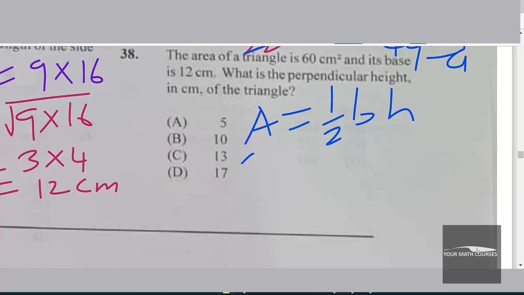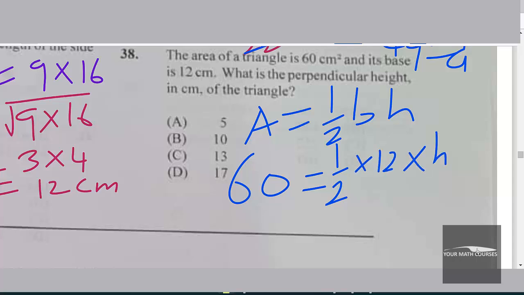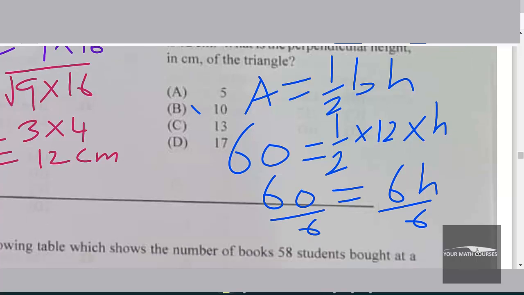Now the area is given as 60 centimeters squared, and we know the base is 12. We don't know the perpendicular height, so 60 is equal to half of 12, which is 6, times the height. So divide both sides by 6 and you get 10. So the height is 10.